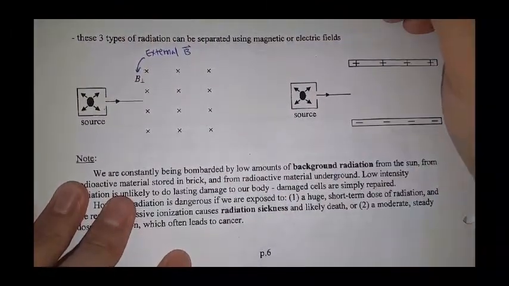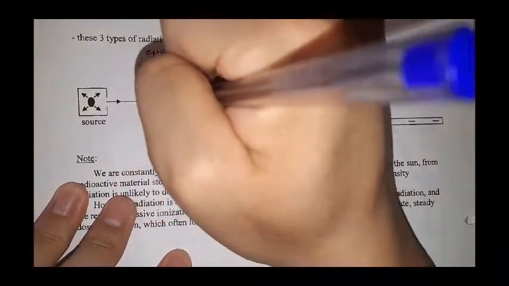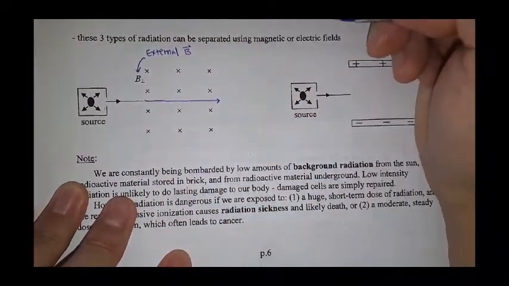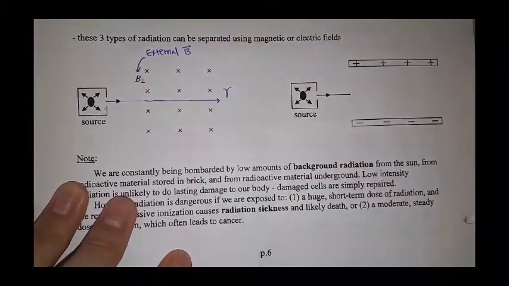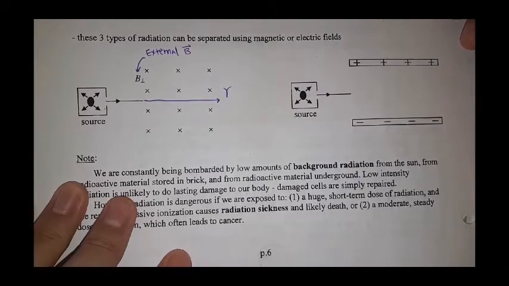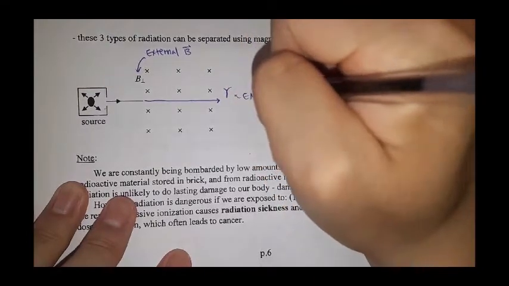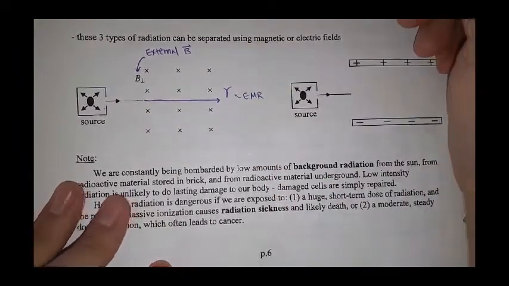So one thing that I know is there will be a radiation that goes directly, which will be gamma radiation, because gamma radiation doesn't have any of that bending ability, because it's EMR, light.